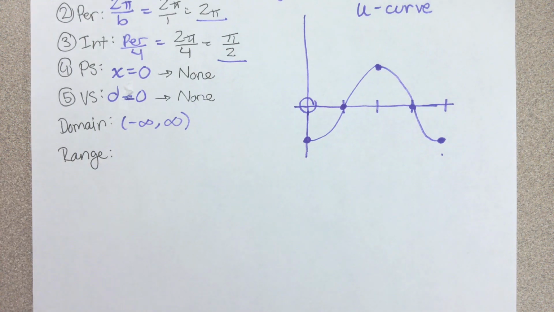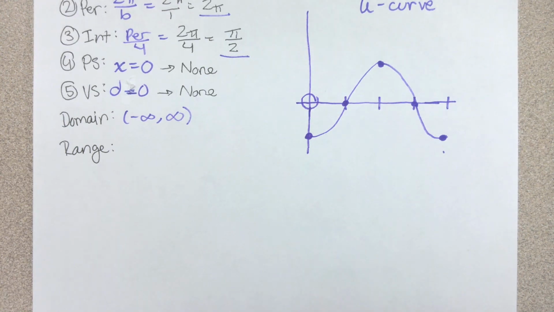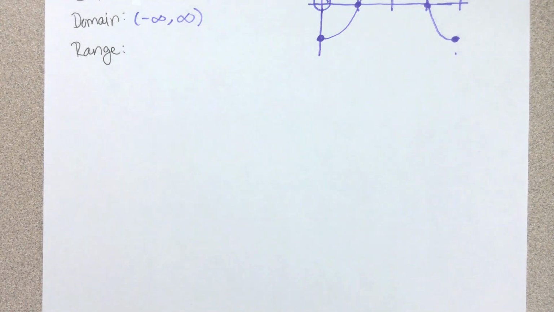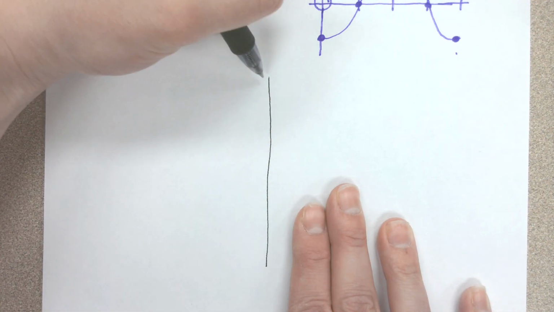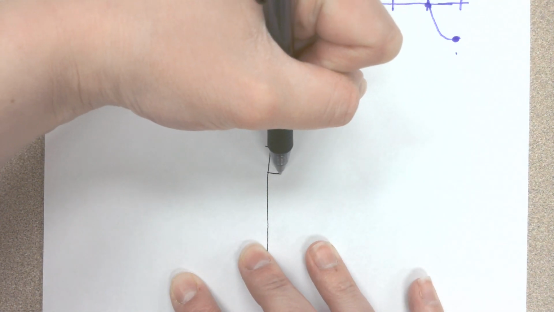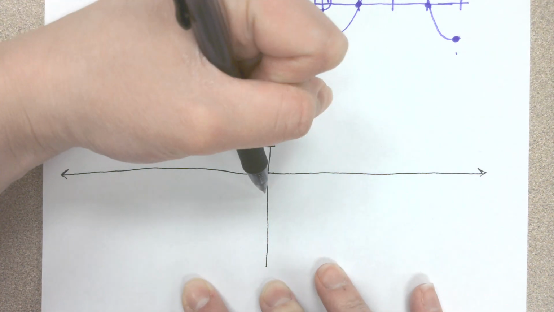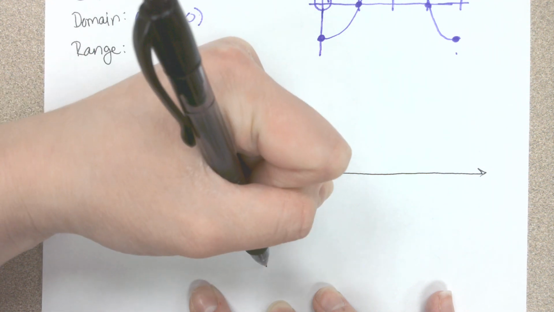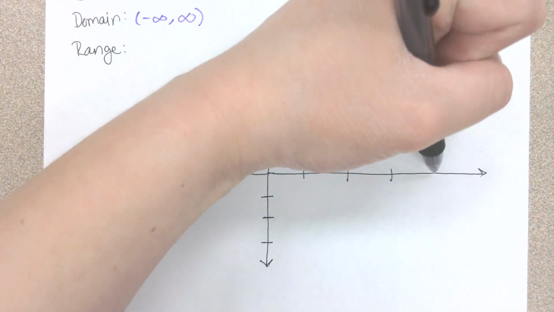Okay, let's make a graph. And y-axis wise, we're going up and down 3, so make sure you give yourself enough vertical space there. As always, we'll have our 4 intervals to the left and the right.